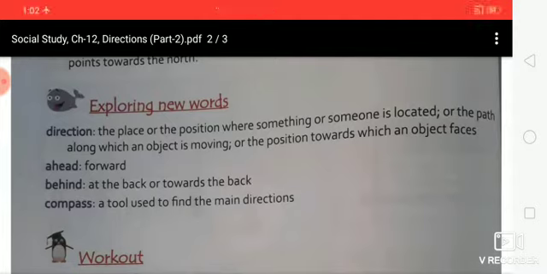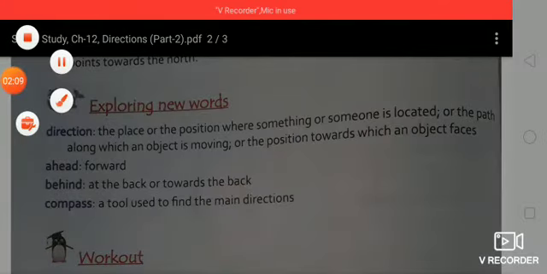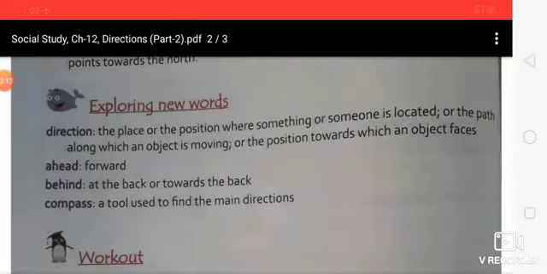These are north, south, east and west. We use the position of the sun to find the main directions. We can also use a compass to find the direction. The needle of the compass always points toward the north.